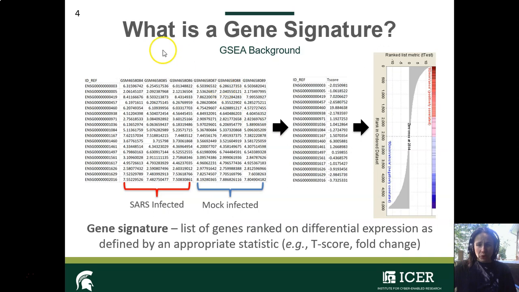So what do we do with the data we get? Well, first off, we have to identify where that data came from. So some samples are going to be SARS infected, some are going to be mock infected. For our analysis here, we're going to use differential gene expression.